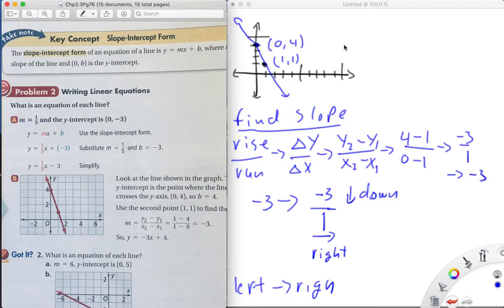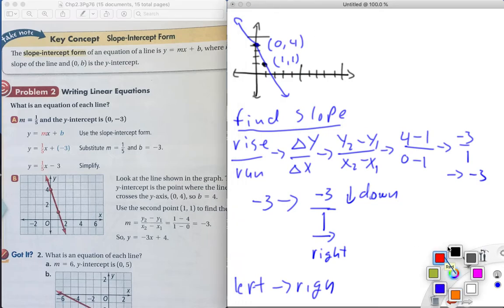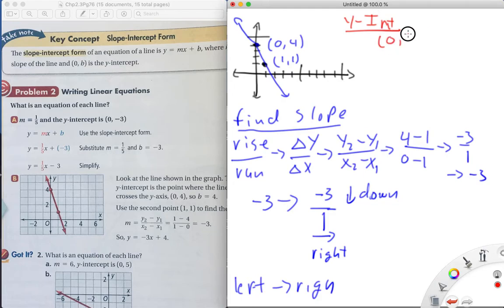The second part, the y-intercept. Remember that the y-intercept is in the form (0, b). It's y when x is 0. We already have it given to us. This is (0, 4).